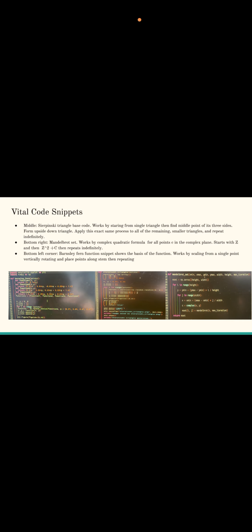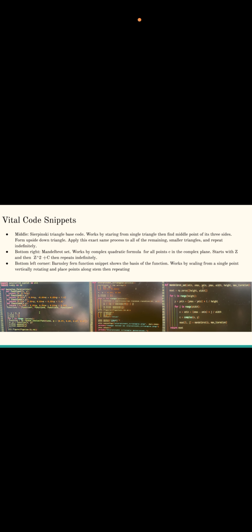As I stated, it works by starting from a single triangle, finding the middle point of its three sides, forming an upside down triangle, applying the process to all of the remaining smaller triangles, and you repeat indefinitely. Bottom right, Mandelbrot set. It works by a complex quadratic function for all points C in the complex plane. It starts with Z, which is Z null.